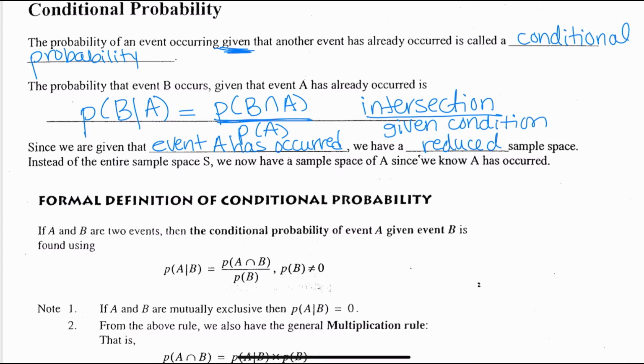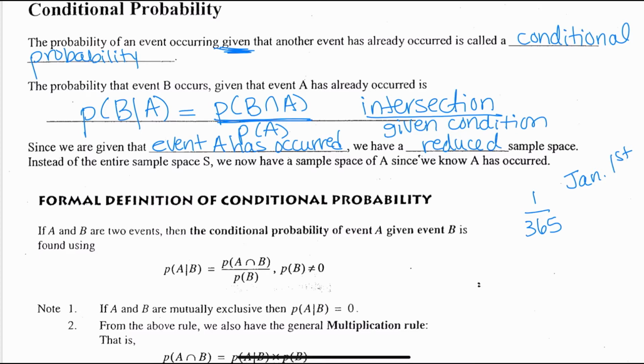What is the probability that you were born January 1st? The probability you were born January 1st is 1 out of 365. There's only one January 1st in a year. But if I were to tell you that it is known that you were born in January, what is the probability you were born January 1st?